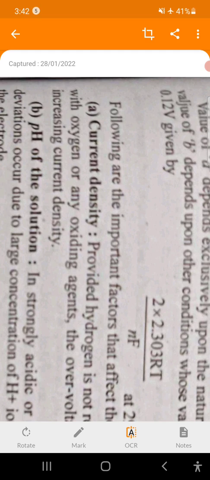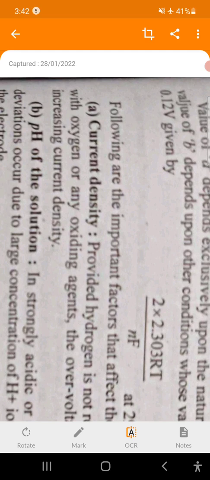Tafel used different metals as cathodes, and he also calculated overvoltage for different metals for evolution of H2 gas.